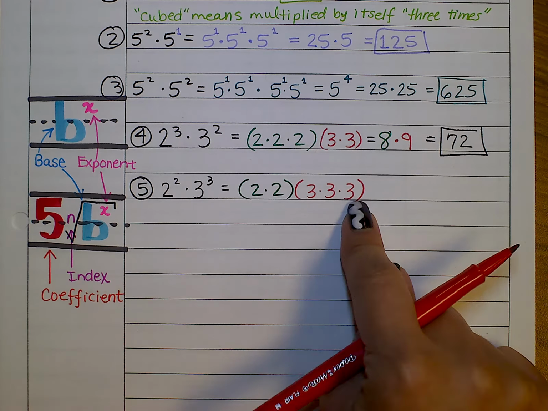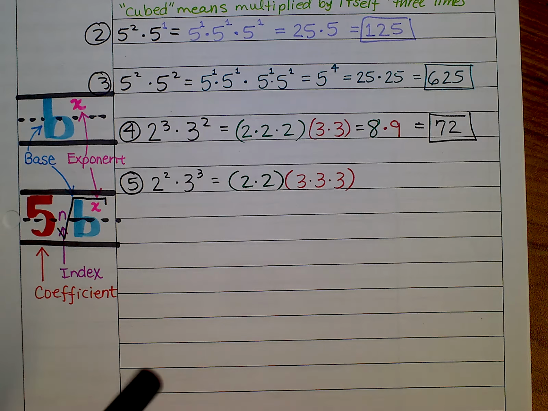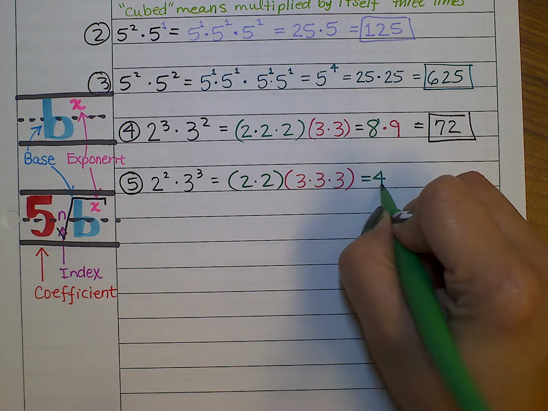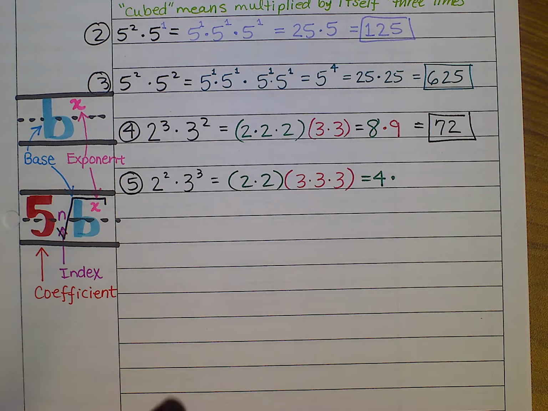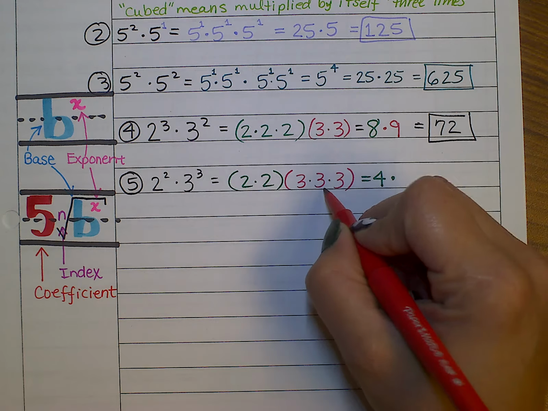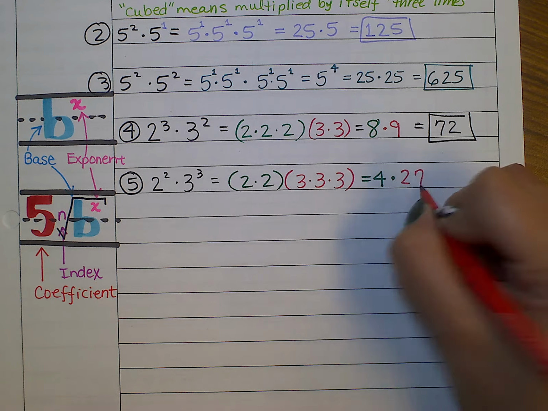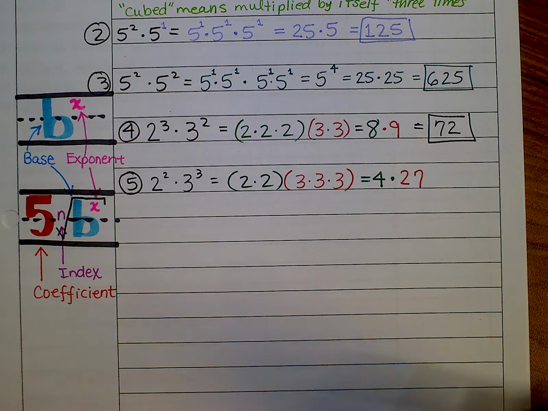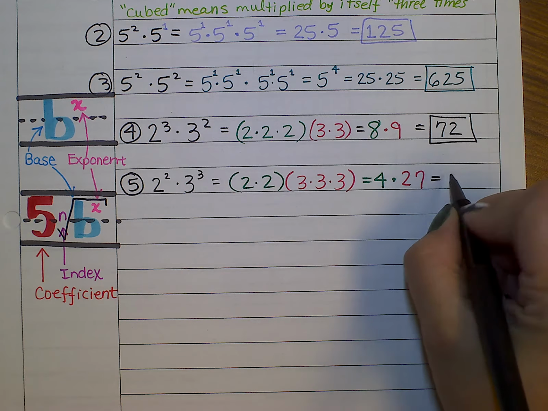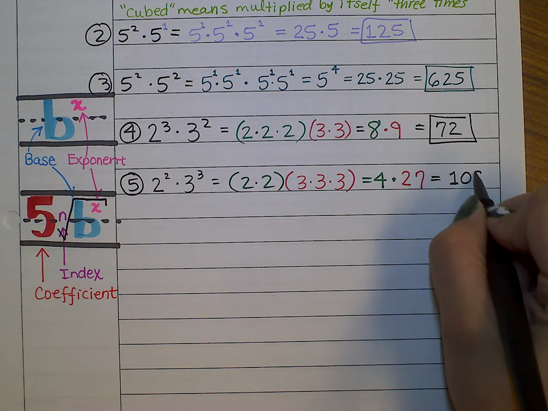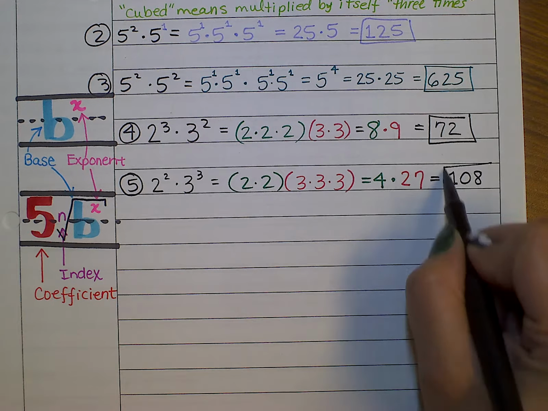And a lot of people made mistakes here. Of course, 2 times 2 is 4. And 3 times 3 would be 9. And 9 times 3 is 27. So even though it looks the same, we end up with 2 very different answers.